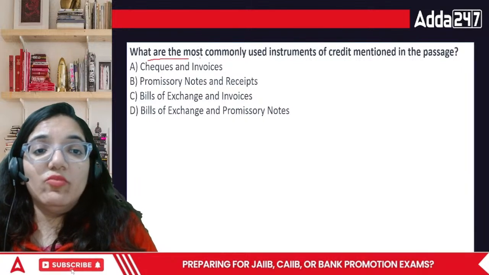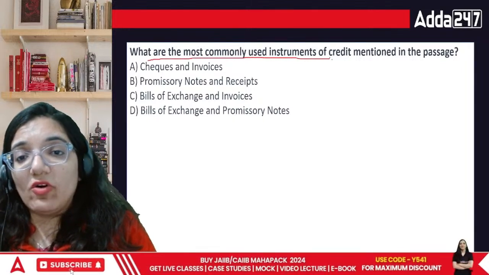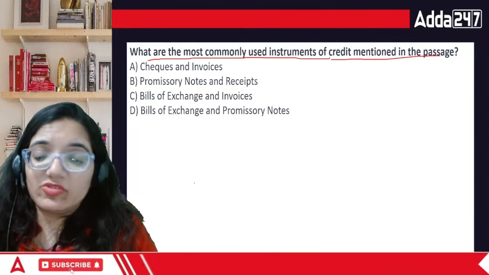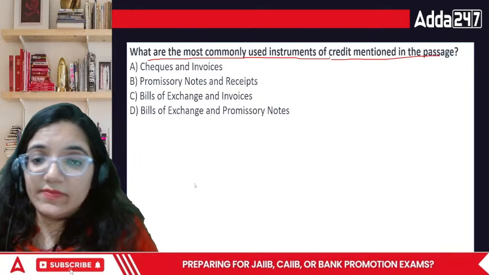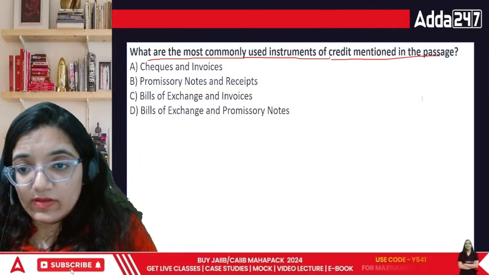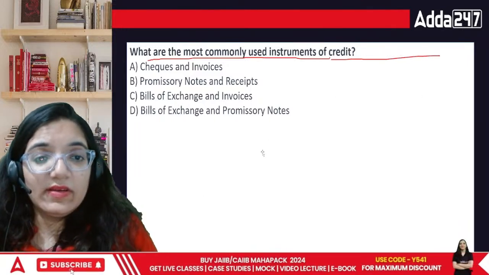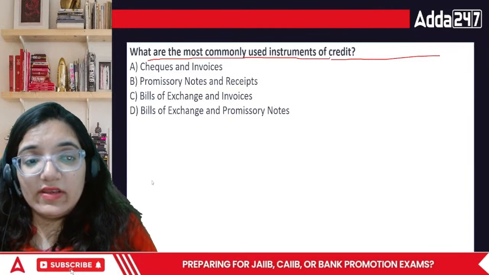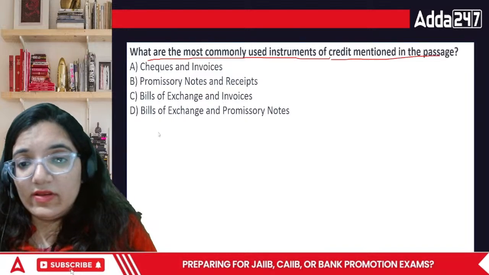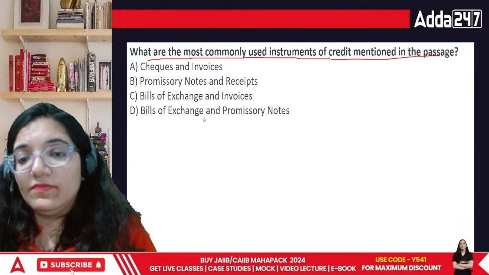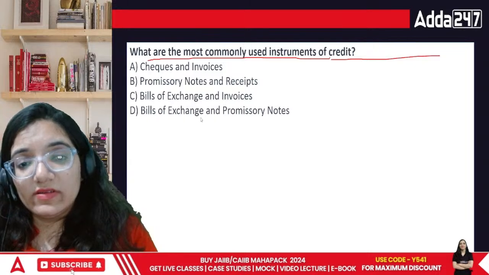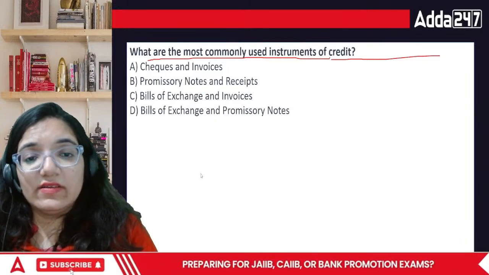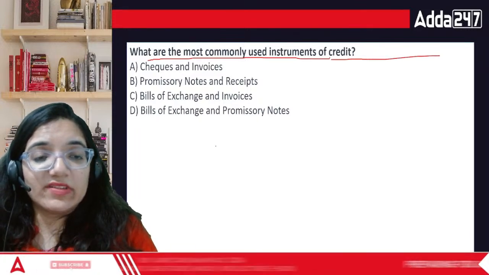Okay. What are the most commonly used instruments of credit mentioned? Achha, what are the most common credit instruments, everyone, that are used? Is it checks and invoices, promissory notes, bills of exchange, or bills of exchange and promissory notes?